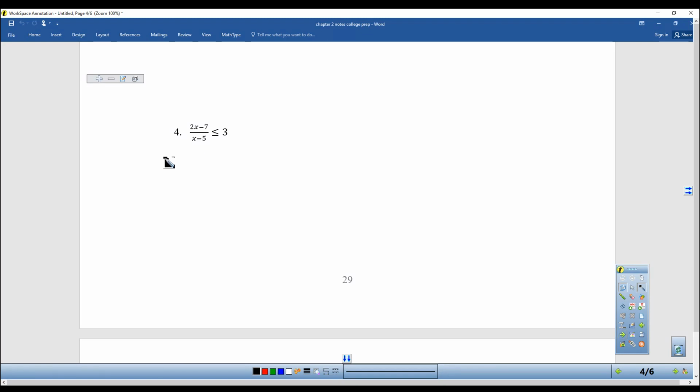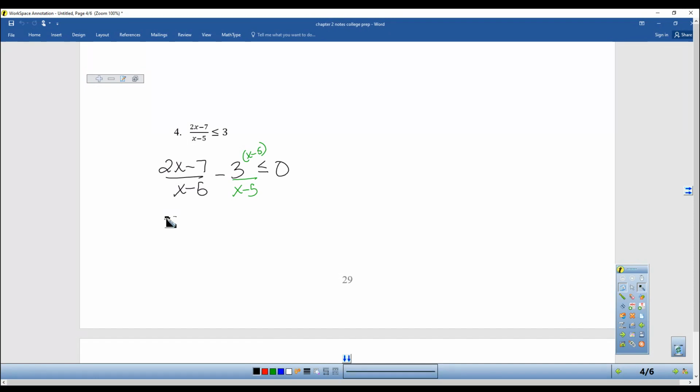So you still want to do (2x minus 7) over (x minus 5) minus 3 is less than or equal to 0. But I personally think that this is too hard to work with. So I don't know if you remember when we were graphing them, I said I would get a common denominator. So I would make them both over x minus 5.